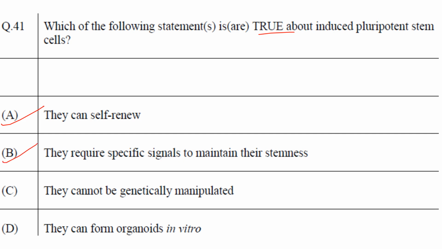They cannot be genetically manipulated. They can be genetically manipulated using CRISPR-Cas9 editing tools. Then they can form organoids in vitro. Yes, that is also correct, because they can differentiate into various cell types and form organoids in vitro. So A, B, D is the answer.